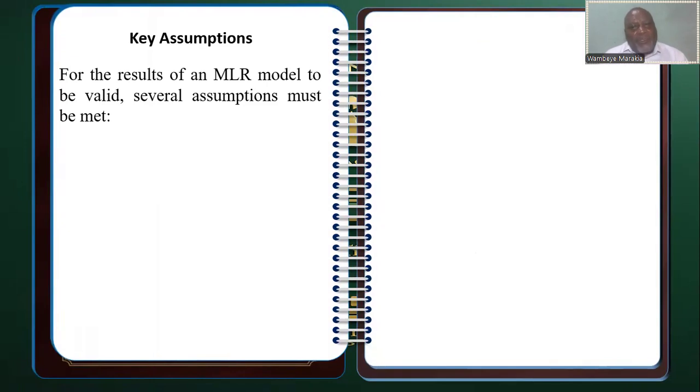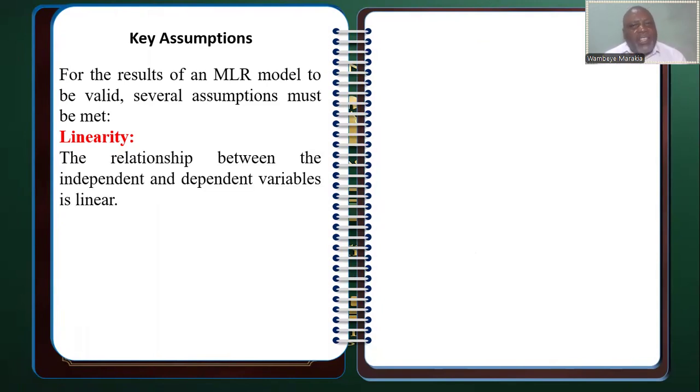There are several assumptions which you are supposed to keep in mind when you are using multiple linear regression. In order for your results to be valid, you must meet these assumptions before you are allowed to use this statistical technique. The first one is linearity.